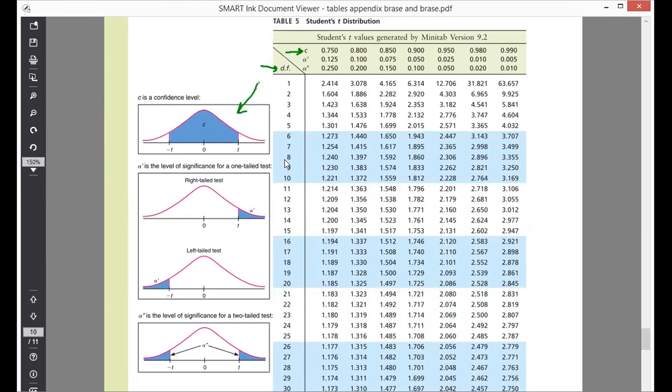You're calculating a confidence interval, okay? So you would go down to the appropriate degrees of freedom, go across that top row, and wherever they meet, you would find inside the table the corresponding value. That's the area under the curve, okay? Any questions on that?